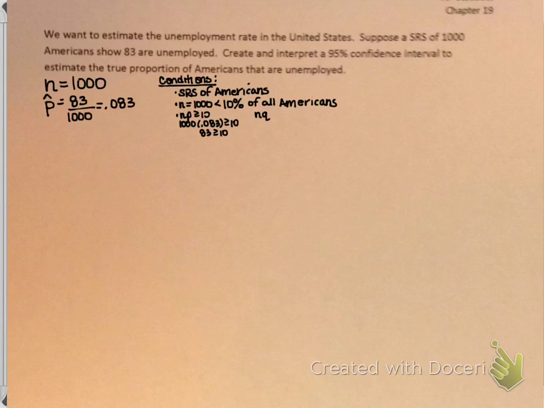So there's my successes, and if there's 1,000 total, then that means there's got to be 917 failures at least. So we have at least 10. So that's good. All right. Large enough is satisfied.